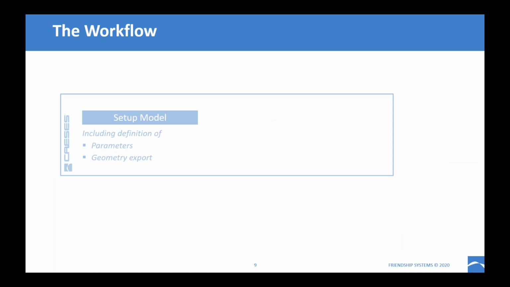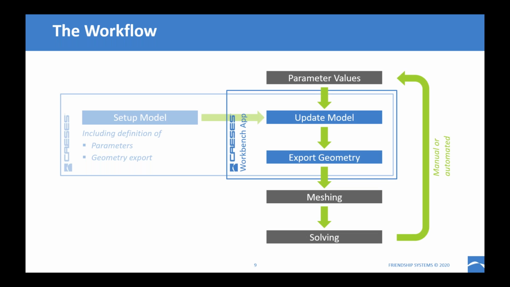The workflow of the app that we envisioned before the development was that you would start the process within CAESES, in the graphical user interface, where you set up your parametric model. This includes the definition of all the parameters that you want to change and the geometry exports that you want to send out of CAESES later on. Once you have wrapped up all the setup, you can move to the CAESES Workbench app.